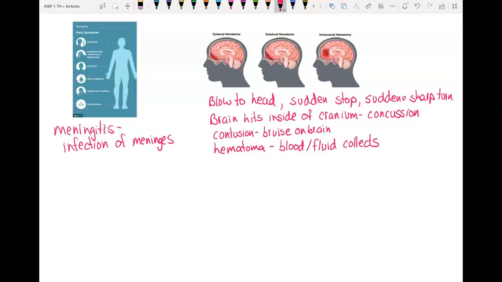And this is a problem because it puts pressure on the brain. And the brain is very soft, and this pressure can actually squish the brain.